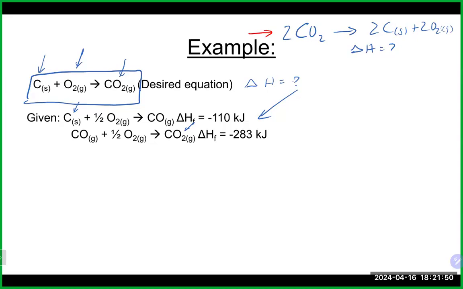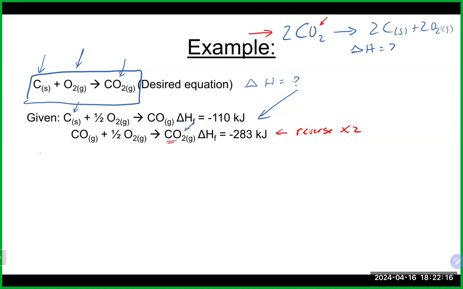So we'll start with the same idea. In this case, though, CO2 is on the left-hand side, and the only place where CO2 is found is in the second equation. It's on the right-hand side. So I know I need to reverse it, and I also don't need one CO2 in this case, but I need 2 of them. So to this bottom equation, I need to reverse it, and I need to multiply it by 2 to give me the right amount of each of those.